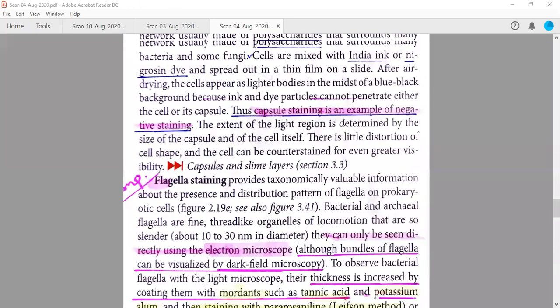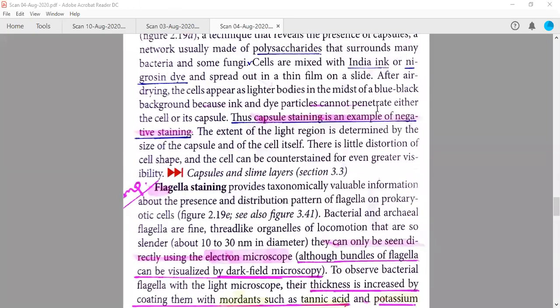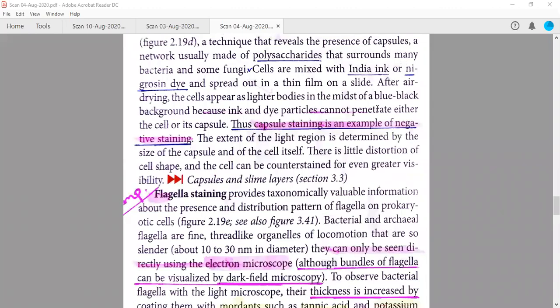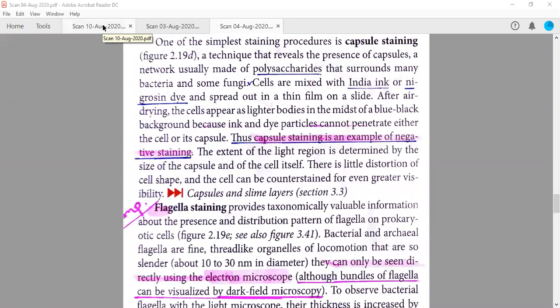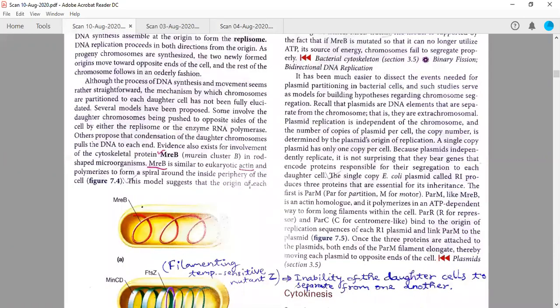So this is not the text for today's class. We need to discuss this from this PDF. First of all, as I was telling, you need to add ParM in the actin homolog class. It polymerizes in an ATP dependent way to form a long filament within the cell.